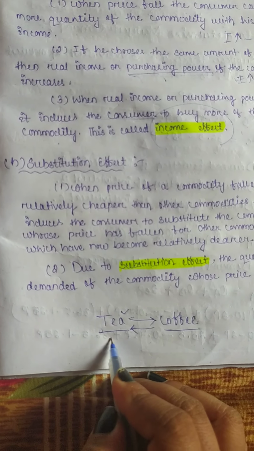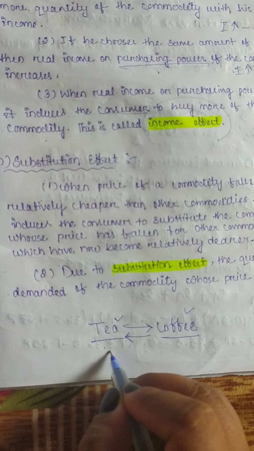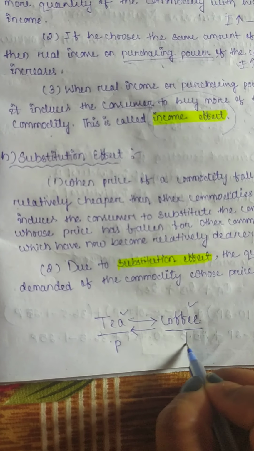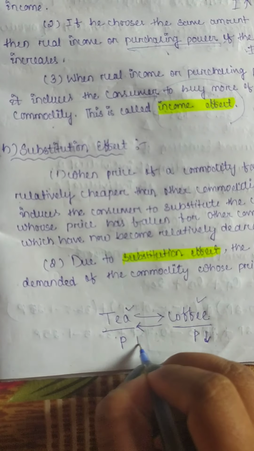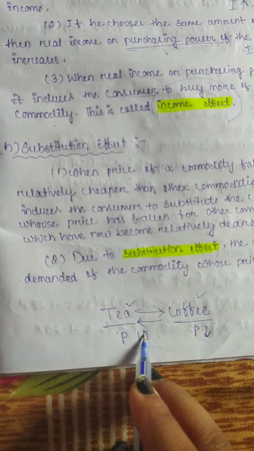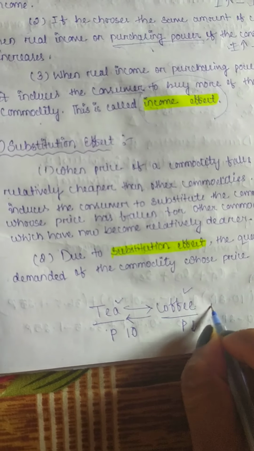If we don't have tea, then we prefer coffee. Suppose the tea price is 10 rupees and the coffee price is initially 20 rupees, but the coffee price decreases to 10 rupees.